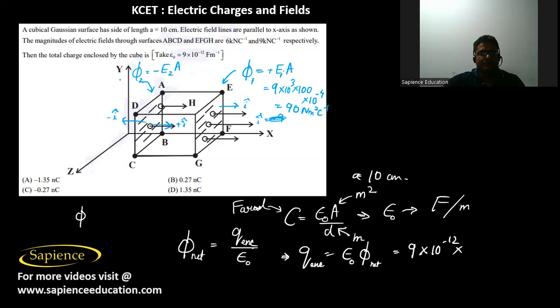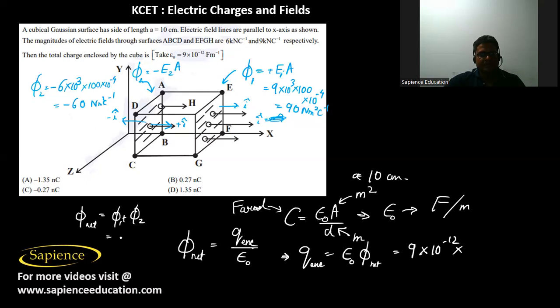And here phi 2 will be equal to minus E2, which is 6 into 10 power 3, 6 kilonewton, into area. Area is again 100 into 10 power minus 4. So this will be minus 60 newton meter square per coulomb. Therefore the net flux will be phi 1 plus phi 2.